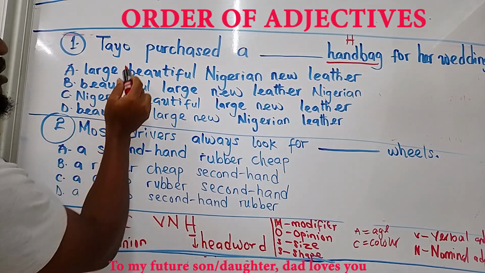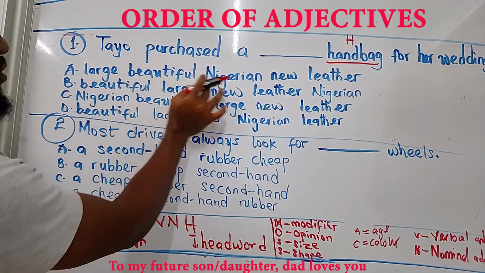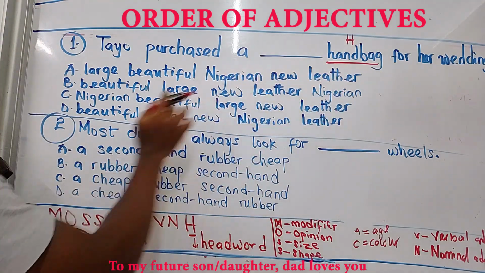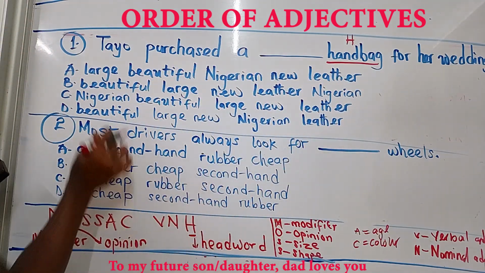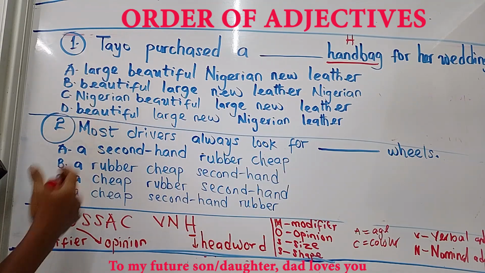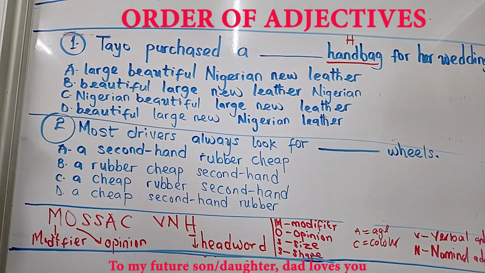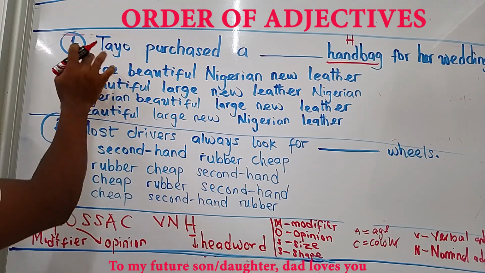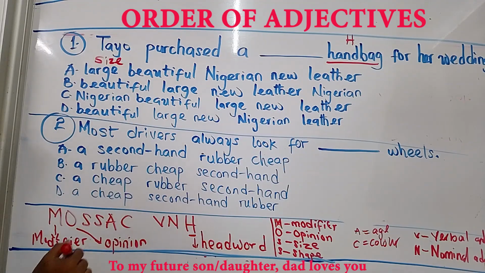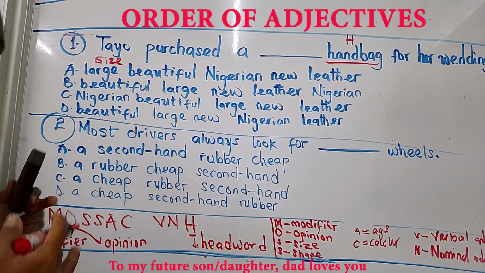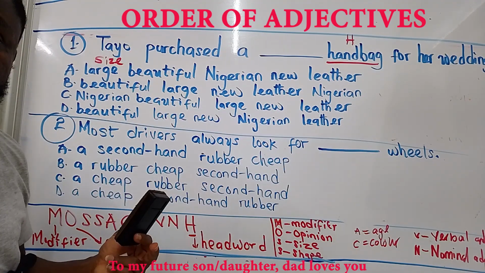Now option A: Tayo purchased a large, beautiful Nigerian new leather bag. What type of adjective is large? That is size, so we're starting with size. Now, beautiful, when you say someone is beautiful, it's subjective.